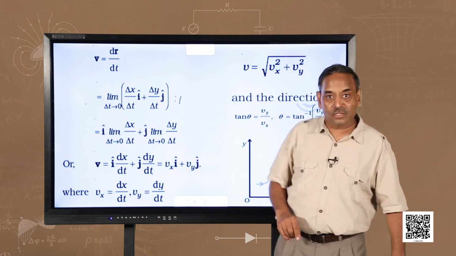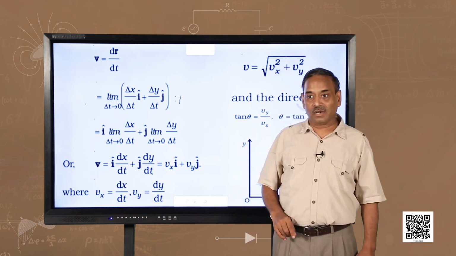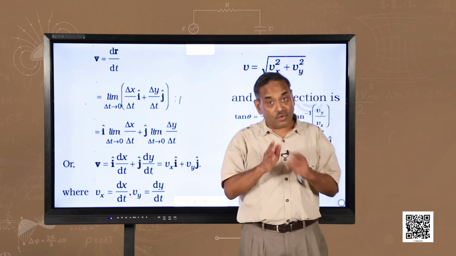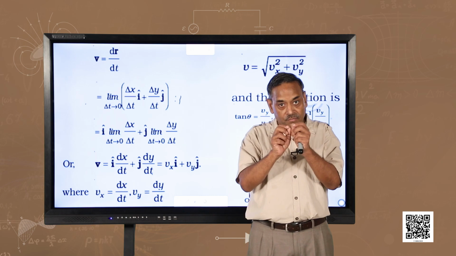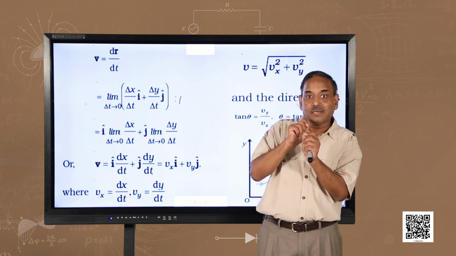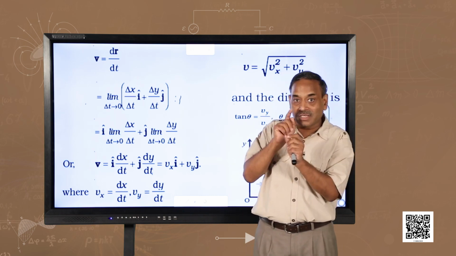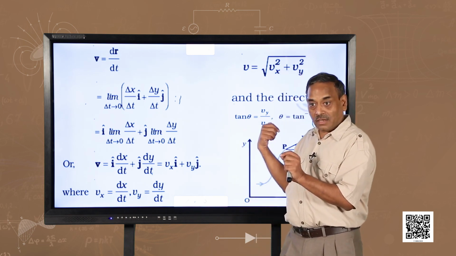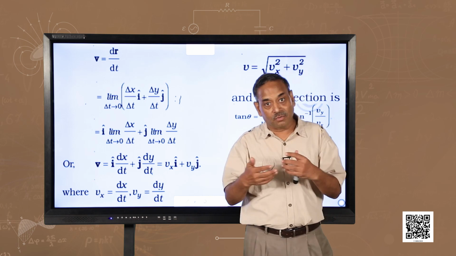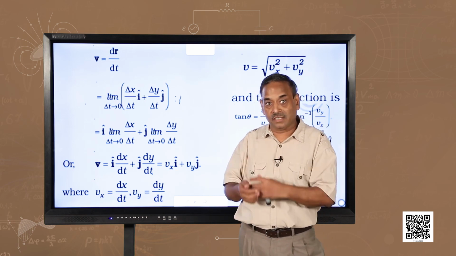Probably this is the reason why the word tangent comes for the direction of the velocity at a particular time. When delta t decreases to 0, the velocity becomes tangent at that particular point, because the direction is given by the tangent of the angle. Remember the simple coordinate geometry, friends, and you can comprehend it very easily.